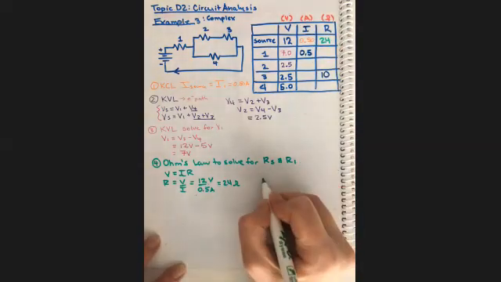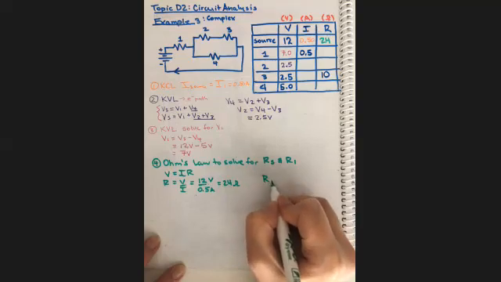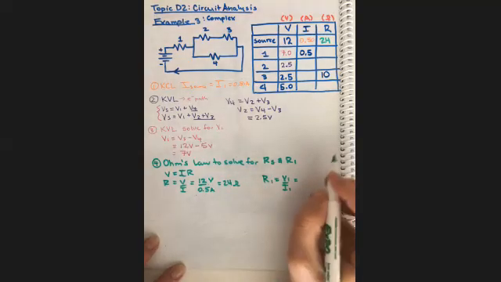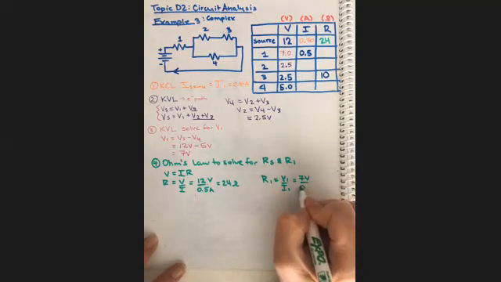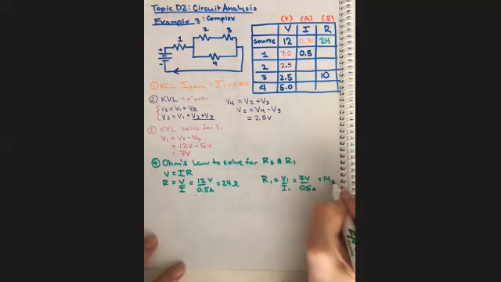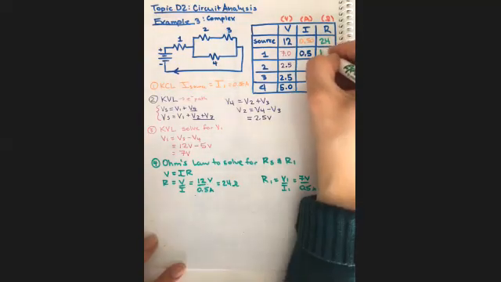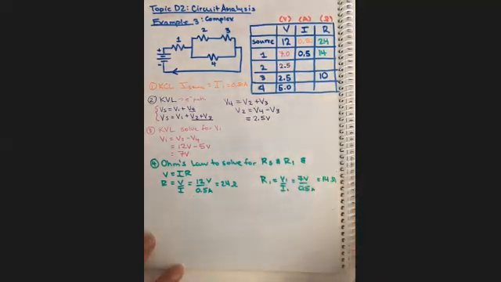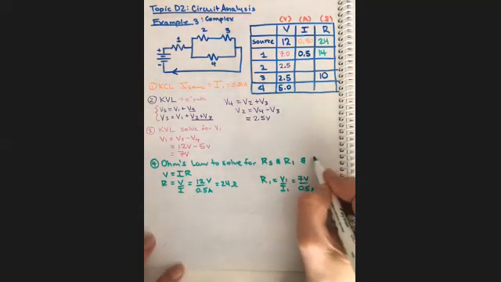And then R1 is V1 over I1, which is 7 volts over 0.5 amps, which is 14 ohms. And then we can also use Ohm's law to solve for I3.